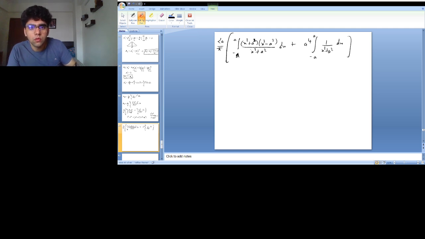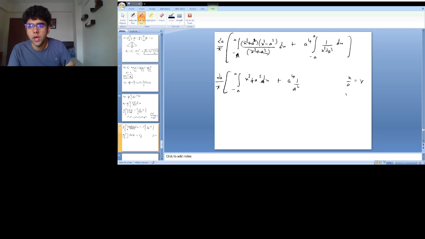So this gets cancelled. So I'm left with the x square minus a square, 2a upon pi. So integral of minus a to a x square plus a square dx, and this becomes a to the power 4. Now just taking out a square common, substituting x upon a as v.